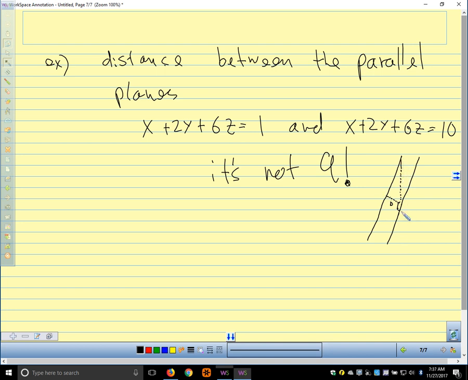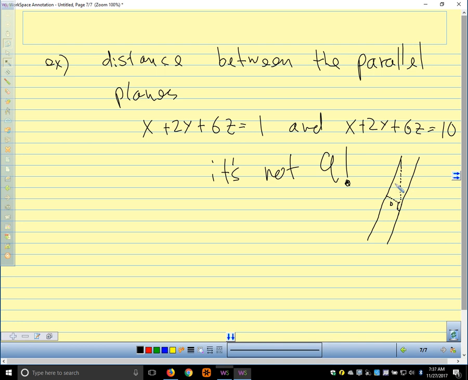That's the vertical distance, and in this case, the vertical distance between those two planes could be 9 units, but we're interested in a perpendicular distance. Is the perpendicular distance 9 now? No.